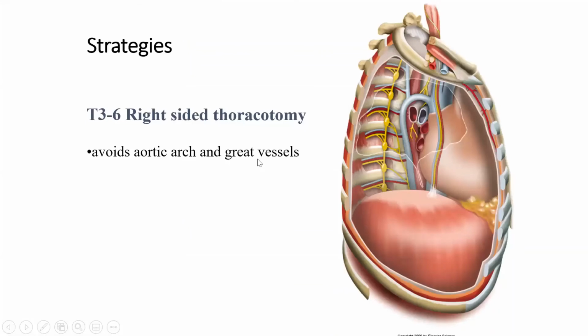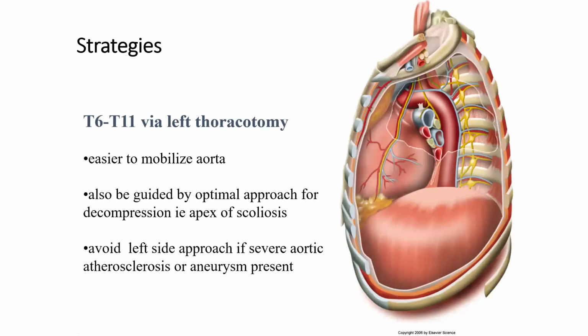So what are the strategies? Basically from high thoracic down to T6, you want to go on the right hand side. So T3 to T6, you want to go on the right hand side of the chest wall. Anything below T6, you want to go on the left.